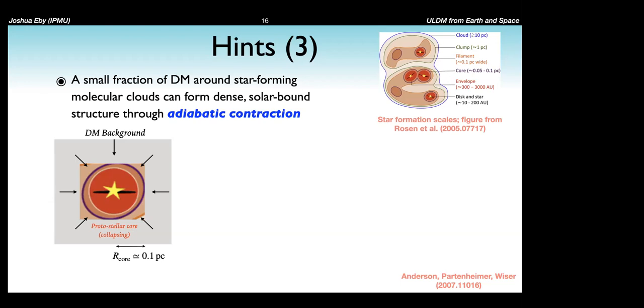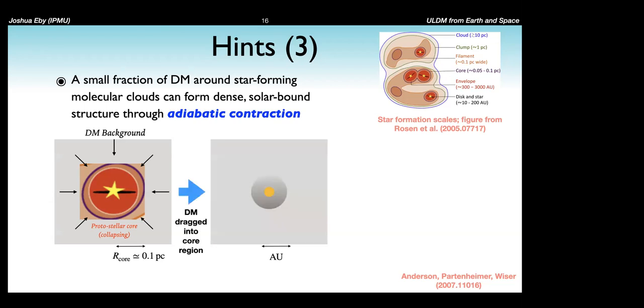So if you start with a very low density, dilute configuration, the drag of the baryons will pull the dark matter into a more dense, centrally located configuration.